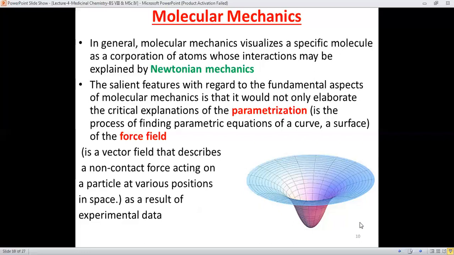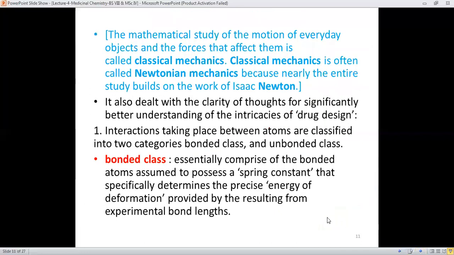It means that in molecular mechanics you will study these aspects. I have given the definitions of certain terminologies I told you earlier in order to assist you.